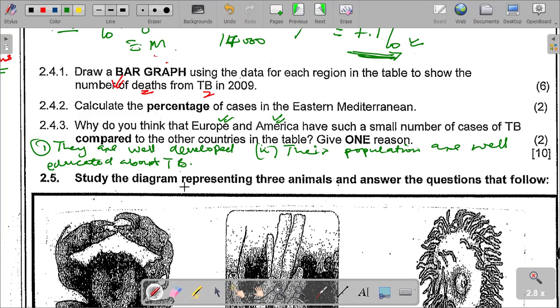We can also talk about the fact that they have good health and social infrastructure, which reduces the cases of TB.